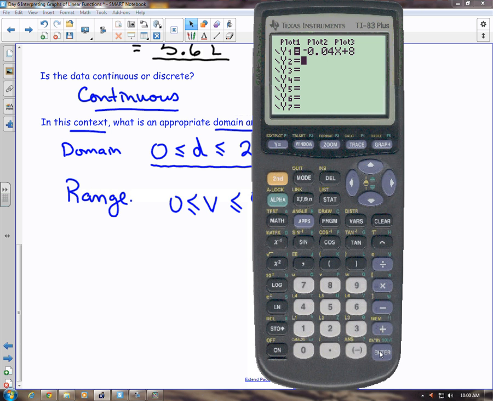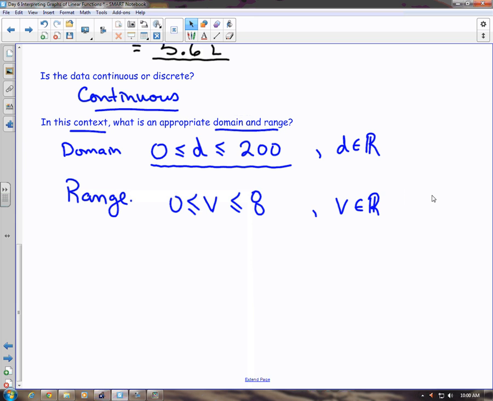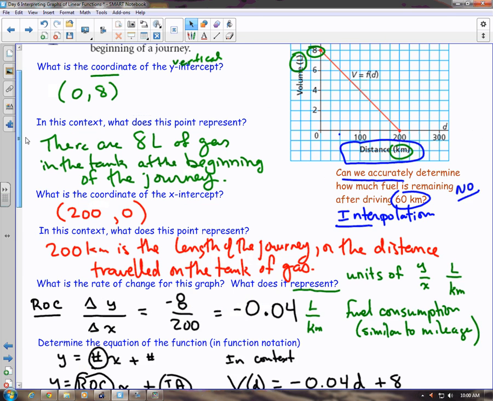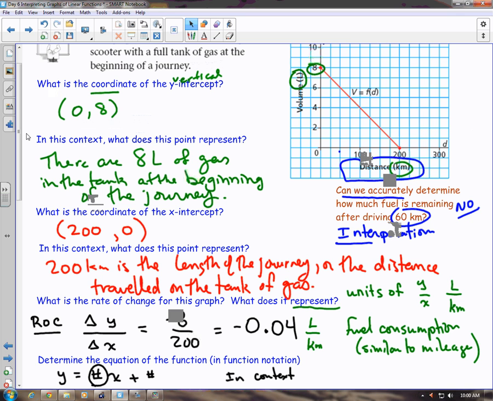And then in order to get a graph that's going to look relatively similar to this, we need to change the window. Remember, the window describes how big a piece of graph paper you want. We see our graph paper goes a little bit left of 0, and it's okay to put a number left of 0, and it goes up to about 300.